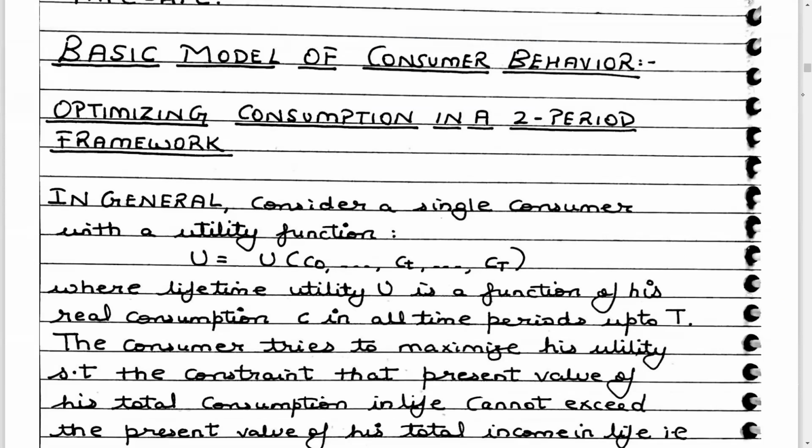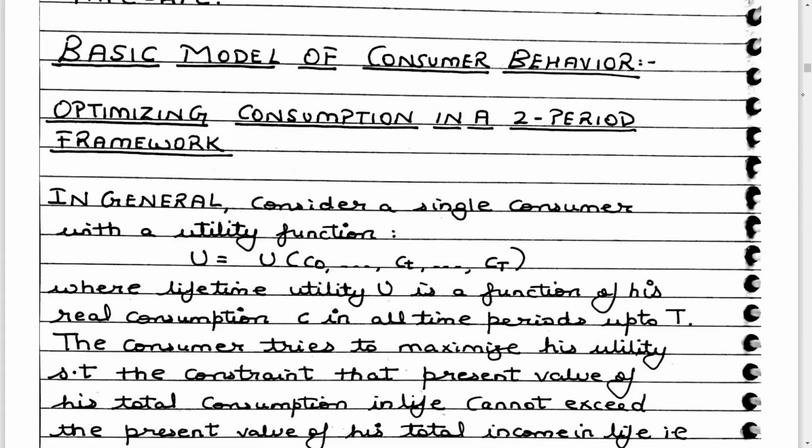In the first lecture of consumption theory, we were looking at the short-run Keynesian consumption function. We had talked about the relationship between marginal propensity to consume and average propensity to consume. We had looked at that in the short run, as income increases, average propensity to consume falls and average propensity to save rises.